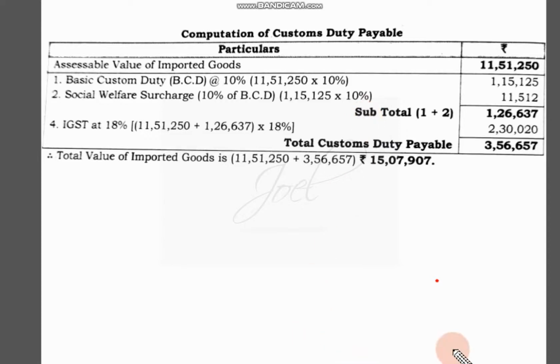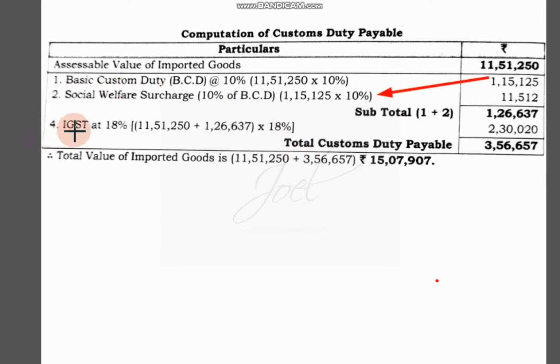In one column itself we can solve that. Basic customs duty is given in the problem as 10%. IGST is also given. So with that information we calculate assessable value into 10%. Social welfare surcharge we have to calculate on basic customs duty, so on this amount we calculate social welfare surcharge. You will add both the amounts.